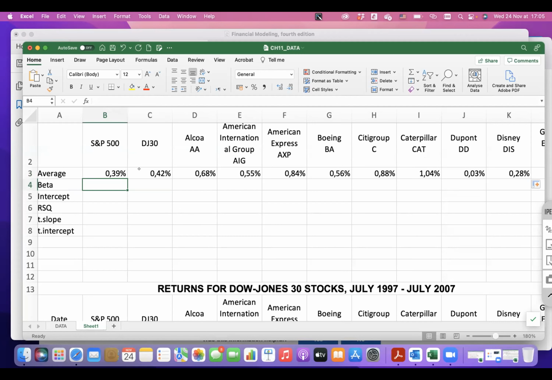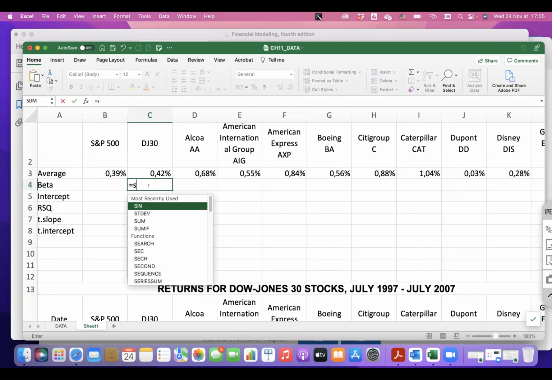Now let's start with Dow Jones against the S&P 500. So we try to measure the interaction between the Dow Jones index and the S&P 500 index, right? So equal to slope. You have to pay attention here, we start with the y variable, the dependent variable, not the explanatory variable, not the independent variable.